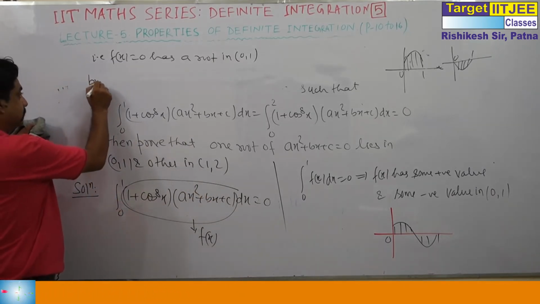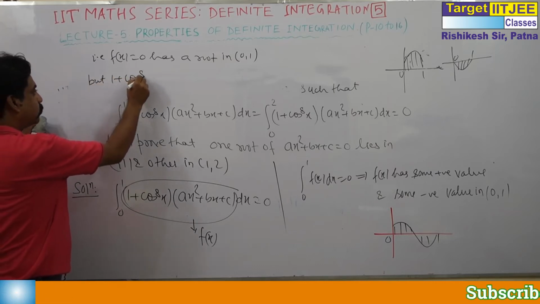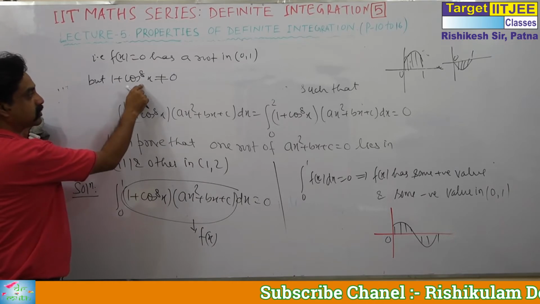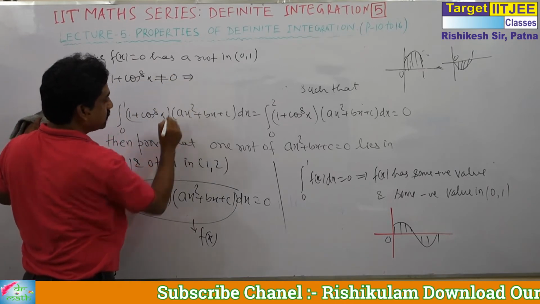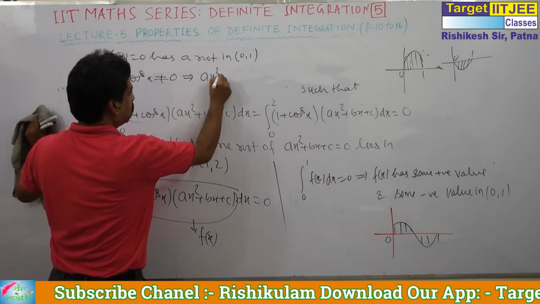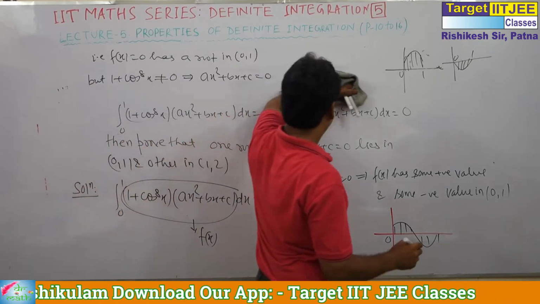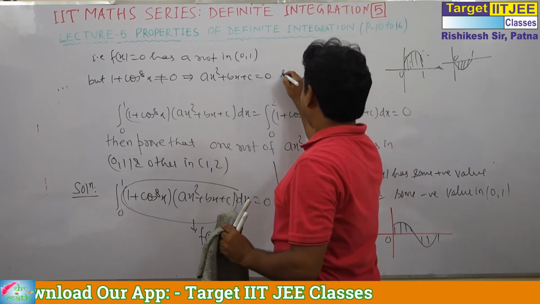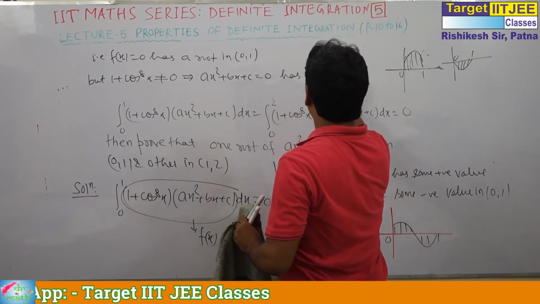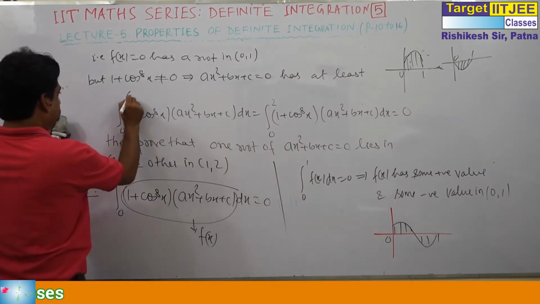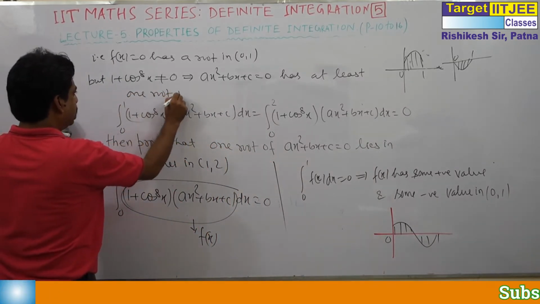But 1 plus cos^8 x cannot be 0. This is 1 plus something, so it is positive. It implies ax^2 + bx + c = 0 has at least one root in (0, 1).